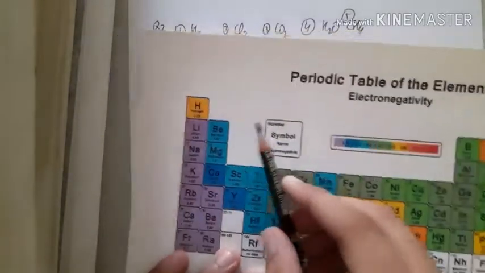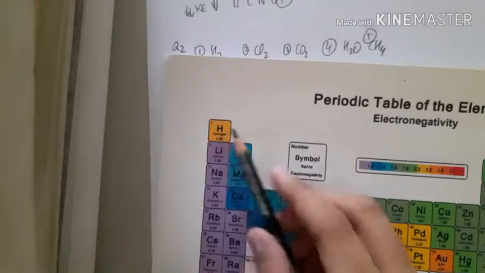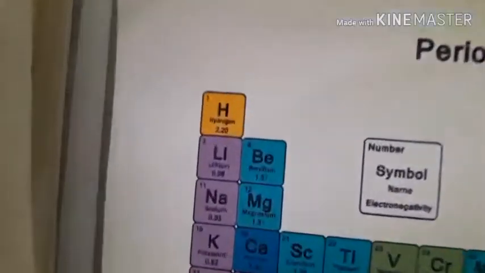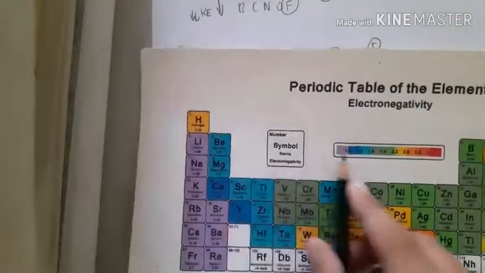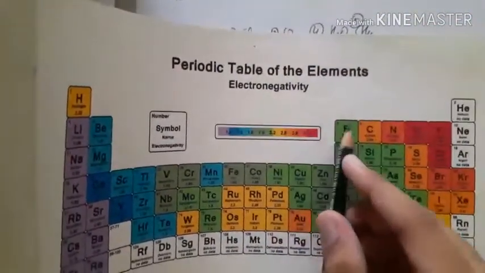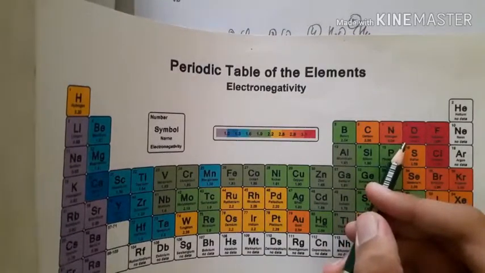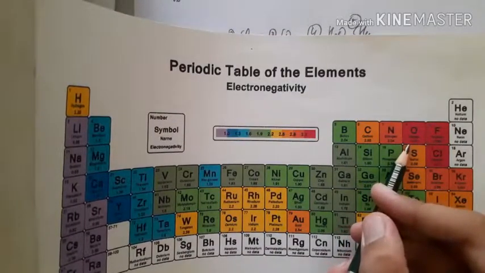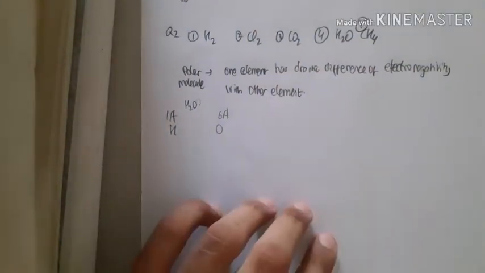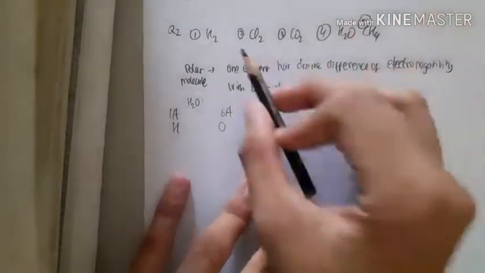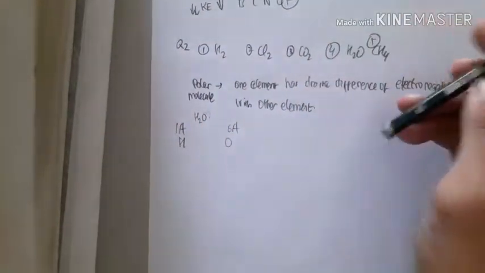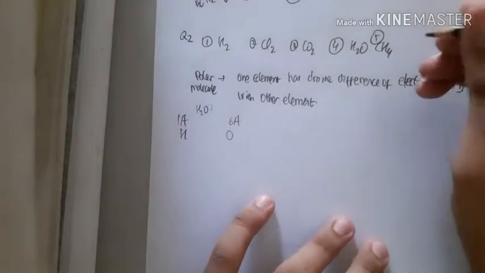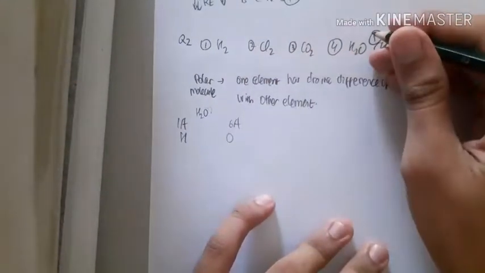You see that H has an electronegativity of 2.2, right? And H is far from oxygen. You see oxygen here in red, it says 3.44. So that is the drastic difference of electronegativity. We must identify which has the most electronegativity difference. If they have a drastic difference, it means they are polar molecules.